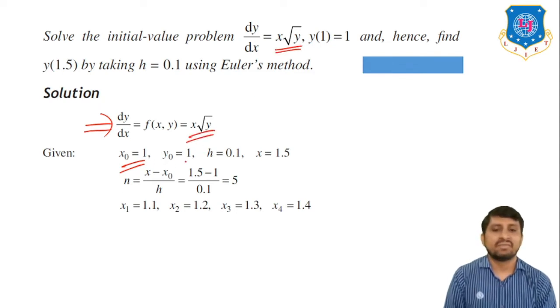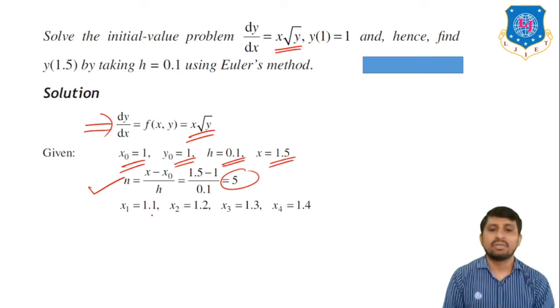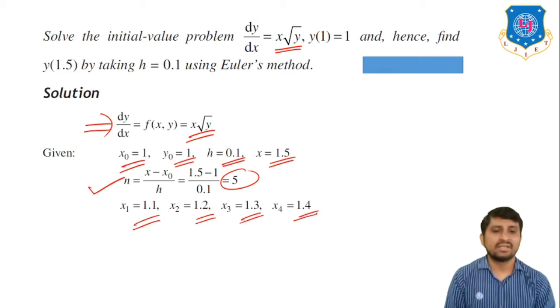X0 is 1, y0 is also 1, h is 0.1, x is equal to 1.5, and n is equal to 5 because of x minus x0 upon h. So 5 means you have to go up to y5. X1 is 1.1, x2 is 1.2, x3 is 1.3, x4 is 1.4, and x5 is 1.5.